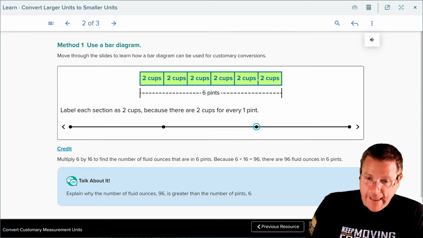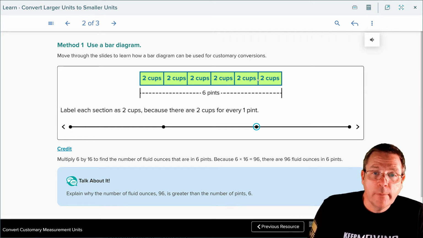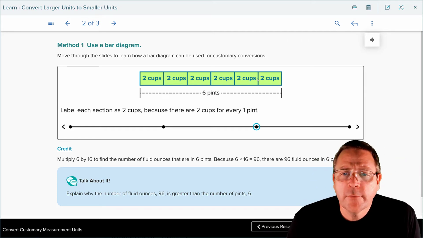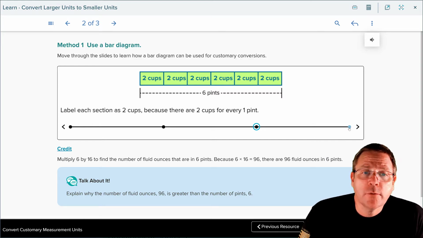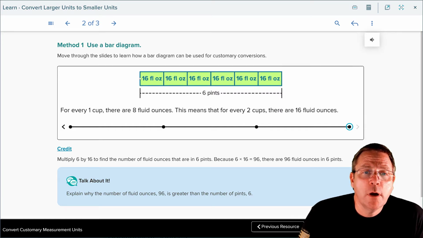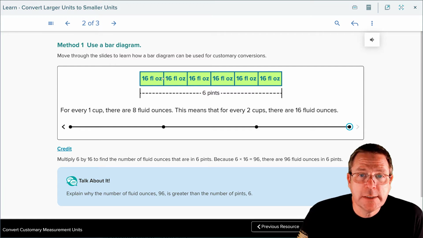But wait, that is not all. We also have to recognize how many fluid ounces are in each cup. Each cup is going to be 8 fluid ounces. Therefore, every 2 cups is going to be 16 fluid ounces. We good so far? So now we could say, well, how many fluid ounces are going to be in the 6 pints?